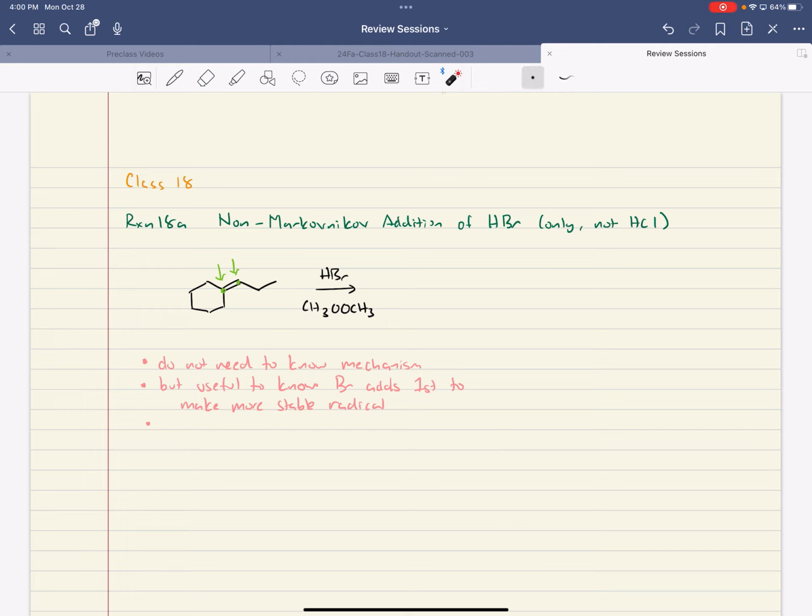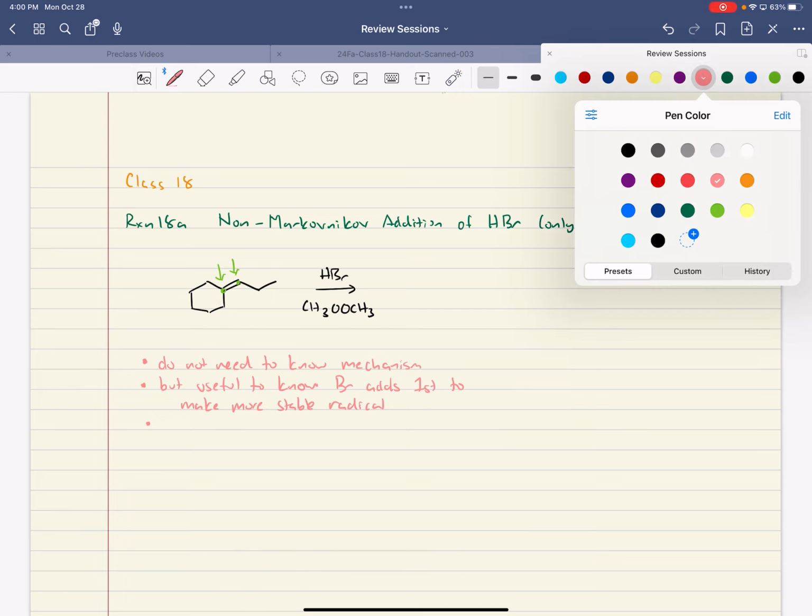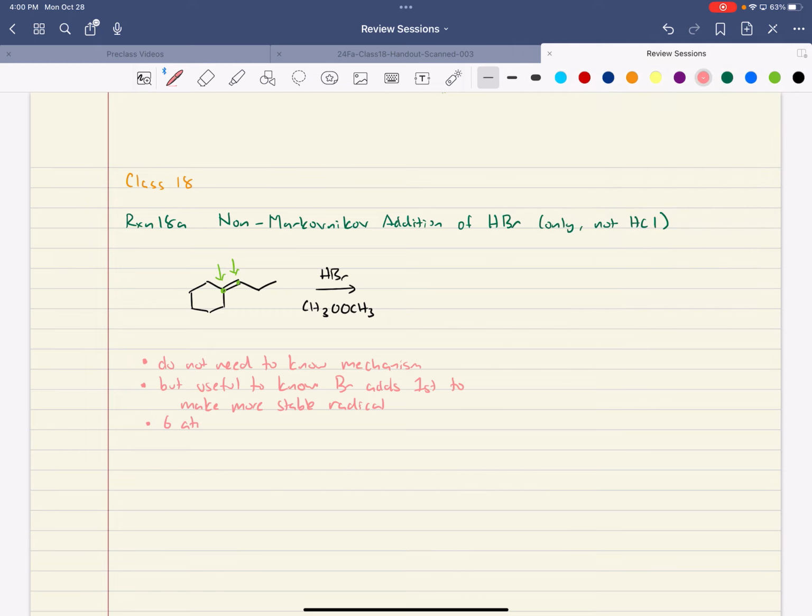It's this one, this one, this one, this one, this one, and hydrogen. It's really the atoms around the carbon-carbon double bond. So let me write that: 6 atoms around the double bond, flat. What that means is that when the bromine adds, it's going to add from the front and from the back. Wedge and dash.